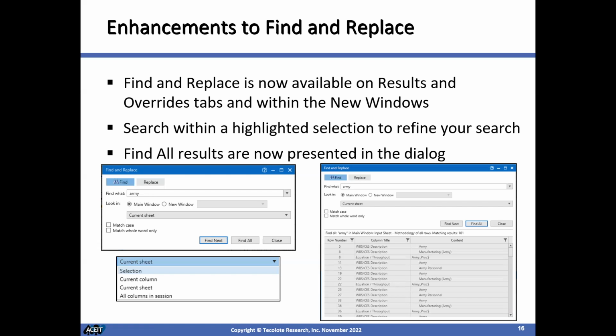And then after you've typed in what you're looking for and you execute the search, you can see all the places where the text was found, the row number for it, the column that it was associated with, and the text itself. So it's all fully in that dialogue, so you can visualize the information more easily.